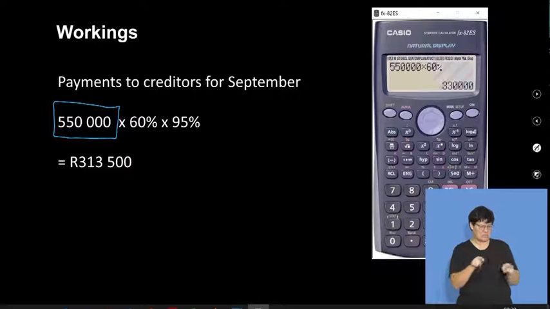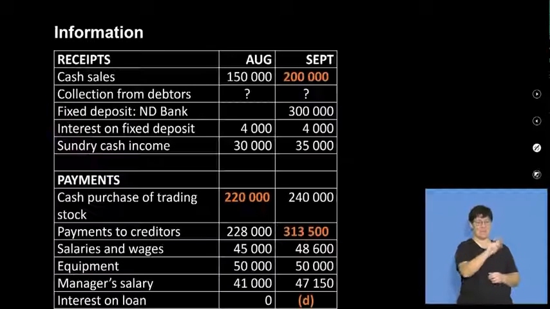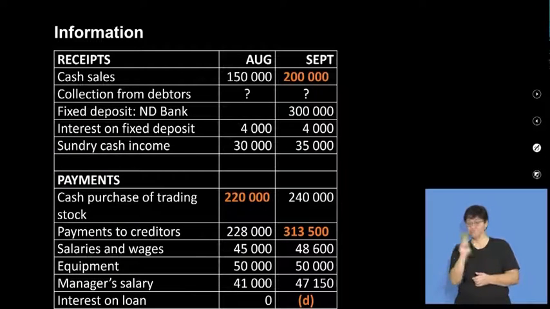Okay, so here we go. So we said 330,000 was the 60% times the 95%, which is the amount we're going to be settling. And there we go. 313,500 is the amount that we will be paying our creditors. Watch what we do. Here we go. 313,500 is slotted into my cash budget as my payment to my creditor. Okay. What have you noticed?